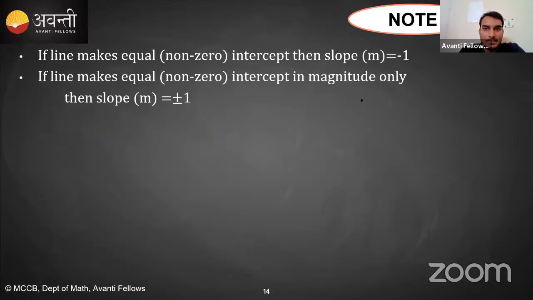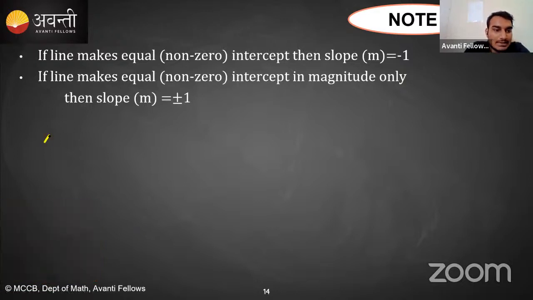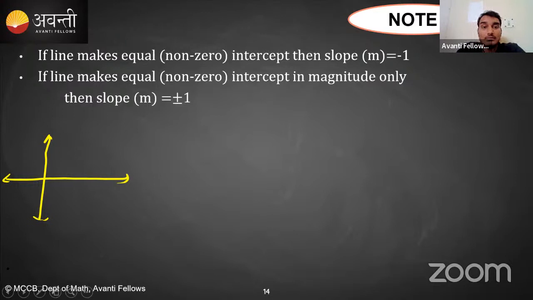If it is clear, then there is one important note, student: if a line makes equal intercepts, then the slope of that line would be -1. Everybody tell me, if the line is making equal intercepts, it means both will be of the same magnitude and of the same sign.